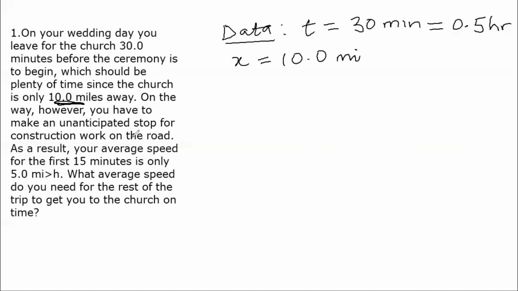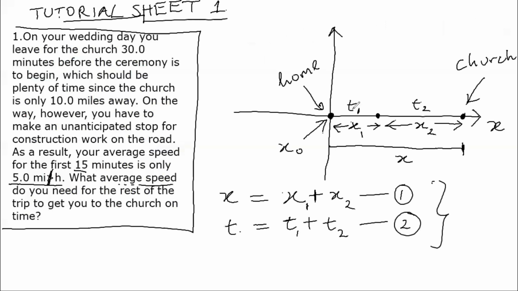Okay, and then on the way, however, you have to make an unanticipated stop for construction work on the road. As a result, your average speed for the first 15 minutes. Now I have this piece of information here again. The first 15 minutes. If I go back to that diagram, this basically represents T1, the time that you take in the first part of the motion.